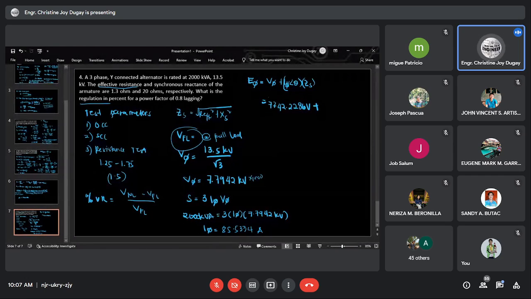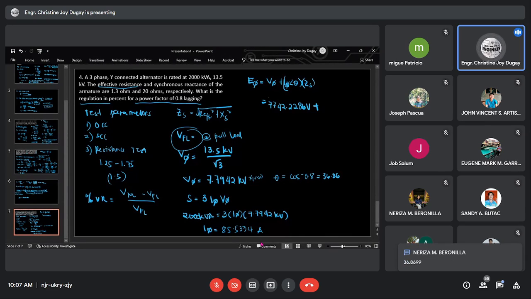We have now the value of current, but then please take note to have the angle since this is a three-phase, no? It is mentioned that the power factor is 0.8 lagging, no? So to get the value of angle, take the cosine inverse of 0.8, so that is equal to 36.8699 degrees.